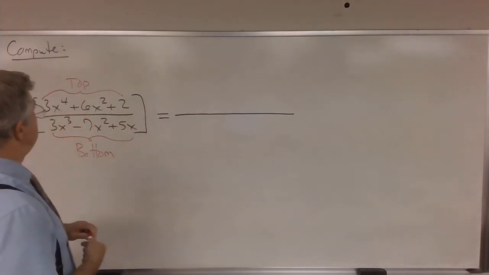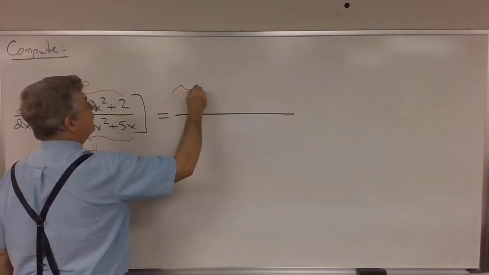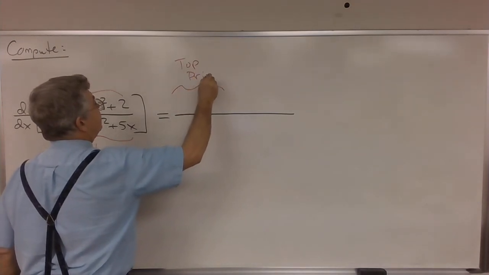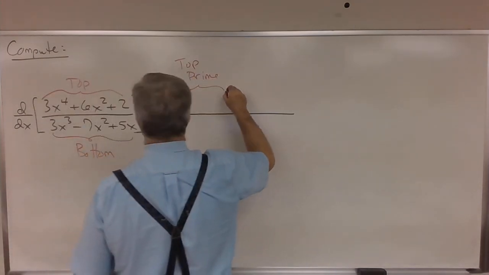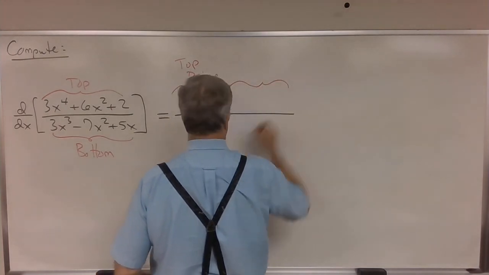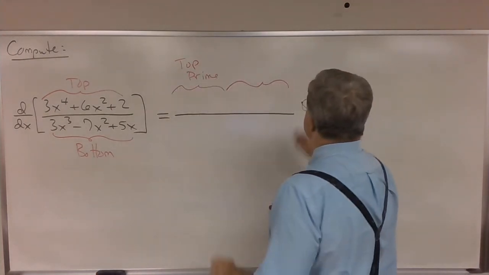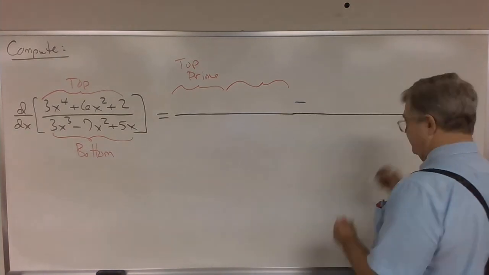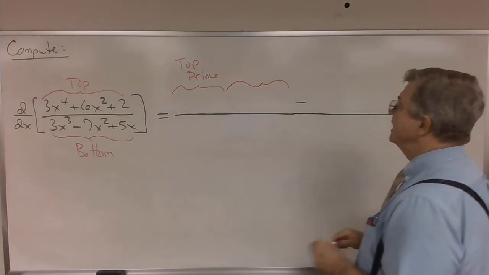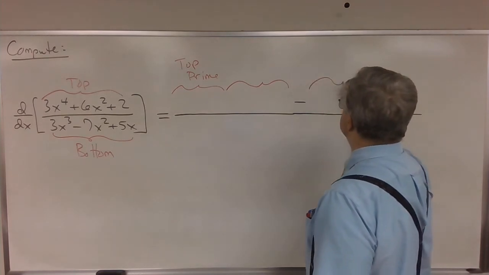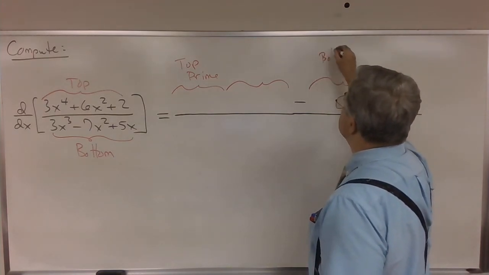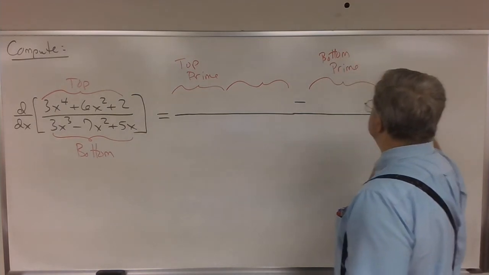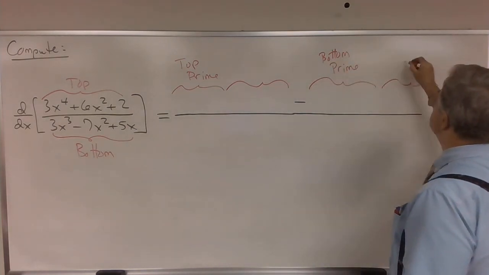So I have top prime times the bottom minus the bottom prime times the top.